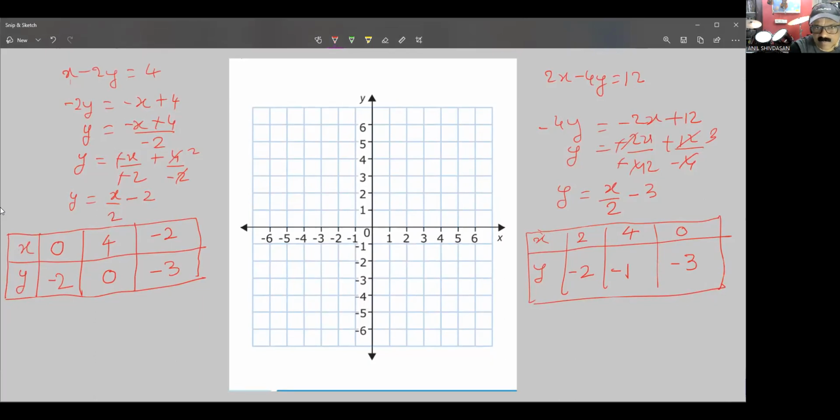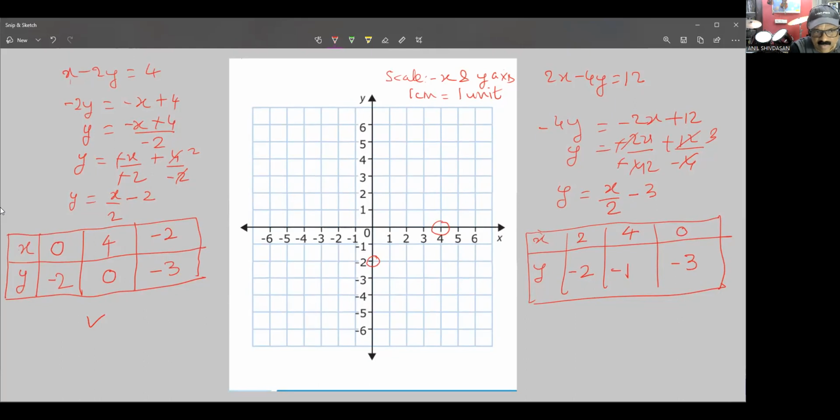As I told last time, we always need to write a scale on the x and y axis. 1 centimeter is equal to 1 unit. So let's plot these first. 0, minus 2 is here. 4, 0 is here.